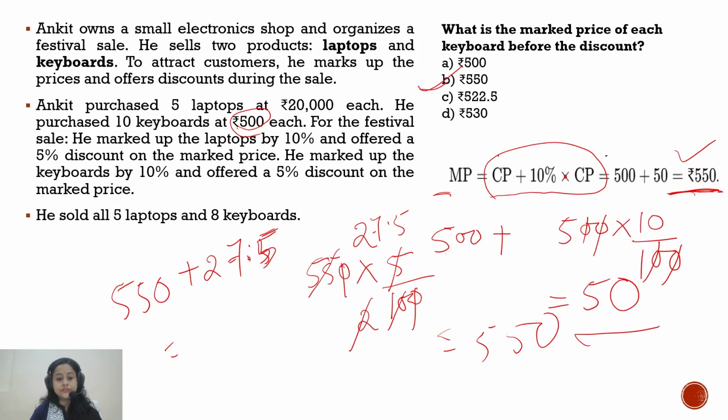Actually it is a discount, so you have to subtract it, right? So 550 minus 27.5 will give you 522.5, because you are providing discount on marked price, so you have to subtract this discount amount from this marked price.